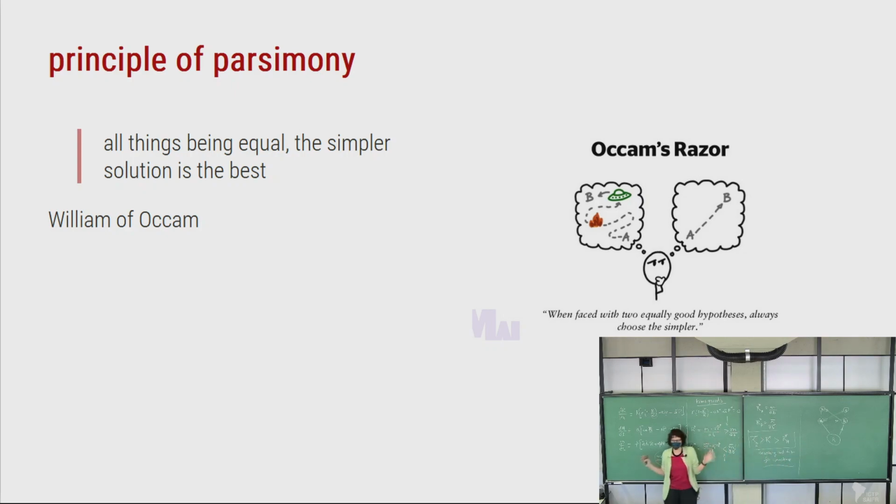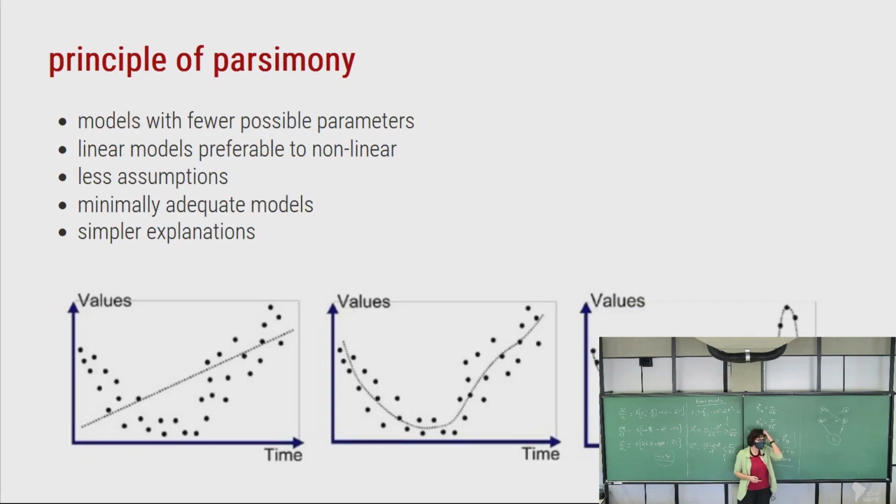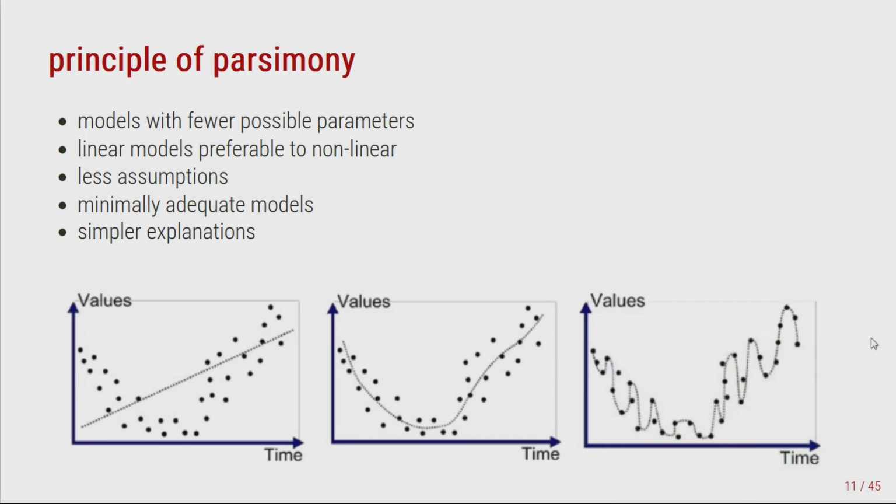So given the two options, we would stick to the simpler one, but we are always searching for models with fewer possible parameters.